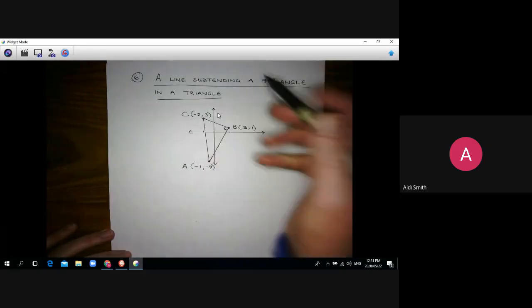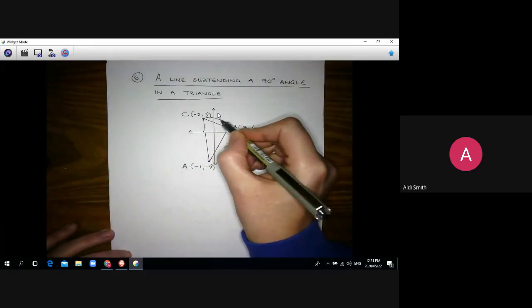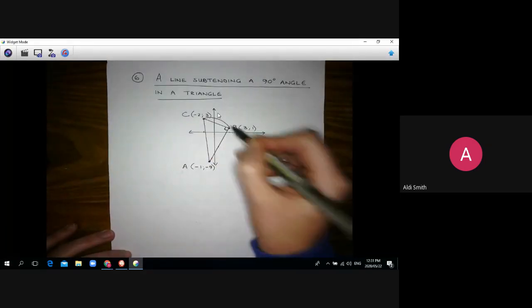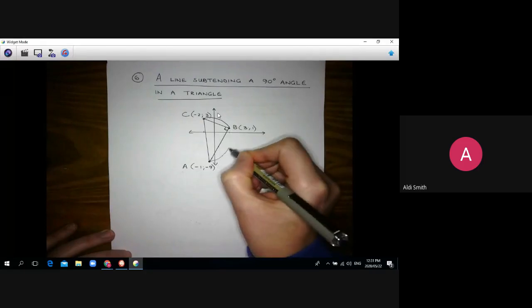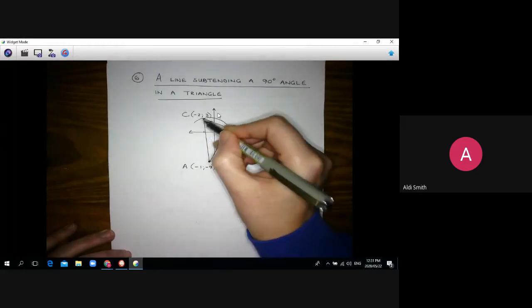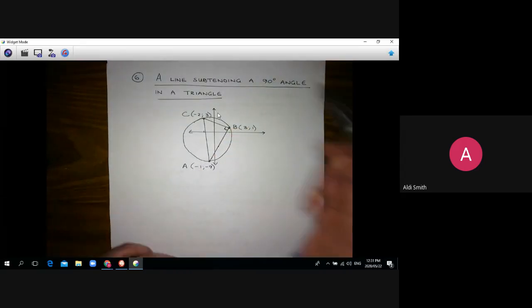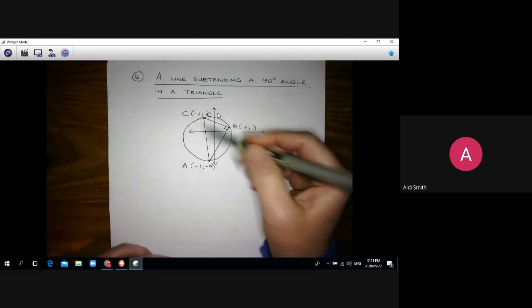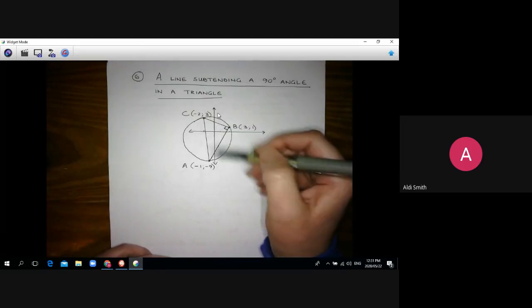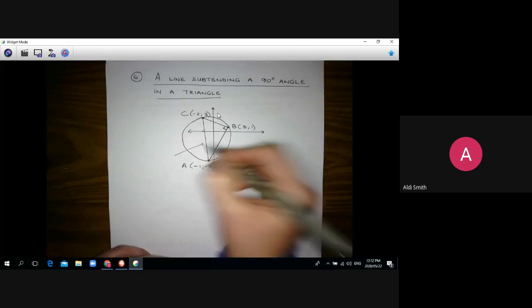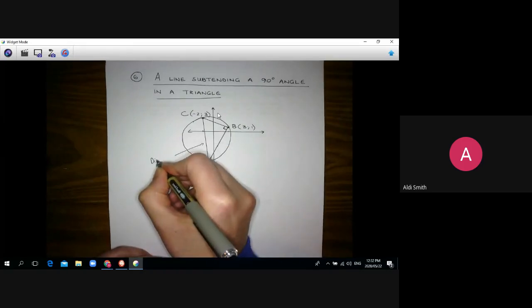So in other words, if I draw a circle, and you guys have seen how horrible my circles are, that one was all right-ish. Okay, so if I draw a circle going through these 3 points, this will always be the diameter of the circle because it subtends the 90 degrees.